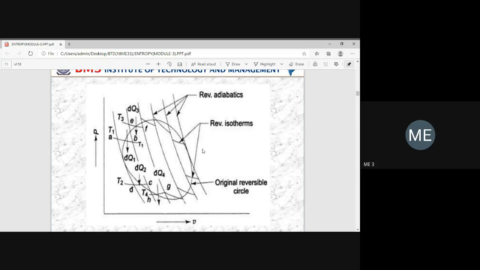In basic thermodynamics you are learning only the Carnot cycle, but in applied thermodynamics we have the gas power cycles, like the Otto cycle, diesel cycle, and dual cycle.